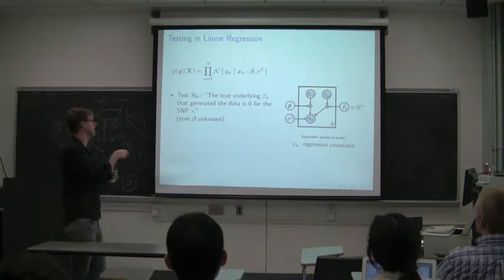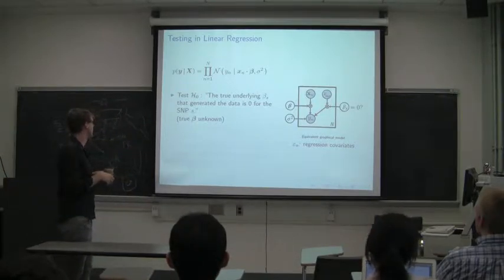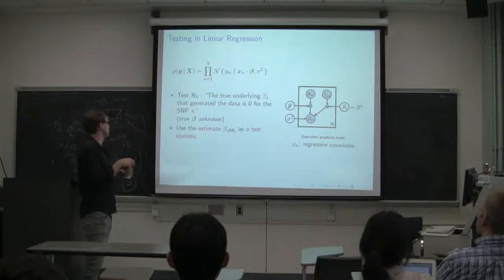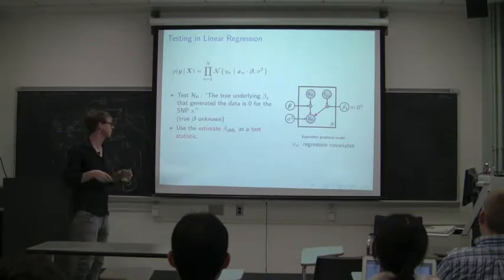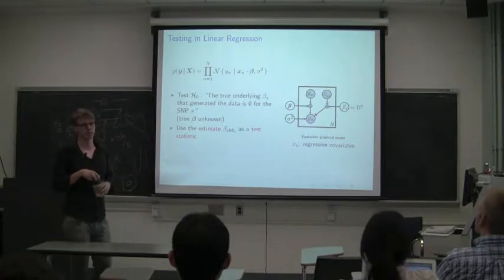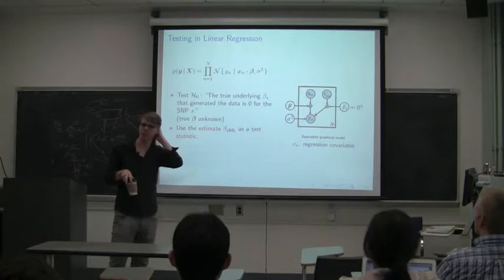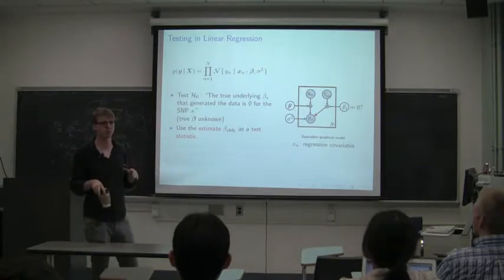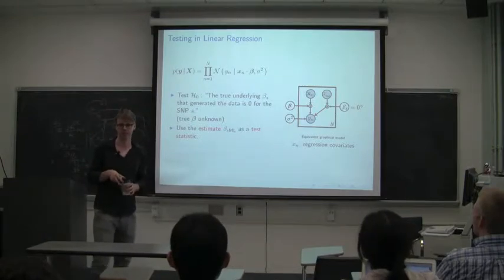All the other things are usually also unknown, but currently we assume that only the beta is unknown here. And we said, okay, let's use our maximum likelihood estimate of that as a test statistic. If the test statistic deviates very far from 0, so if the maximum likelihood estimate is not close to 0, then probably the underlying true beta is also not 0. That's the whole idea.